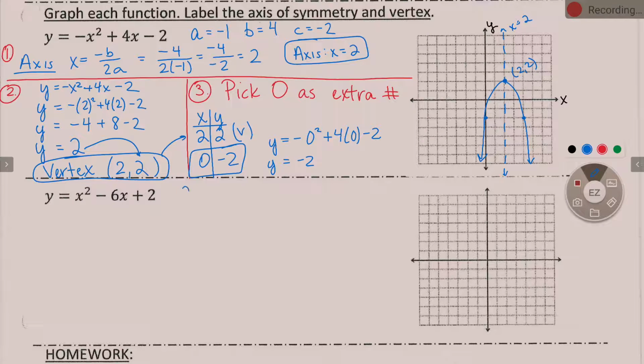Yeah. a is 1. b is negative 6. c is 2. And technically, it's not that you have to write down your a, b, cs, but it's there so you can remember. I think it's a lot less confusing that way, because then when we go in to fill in our formula, we don't have to rethink it through.